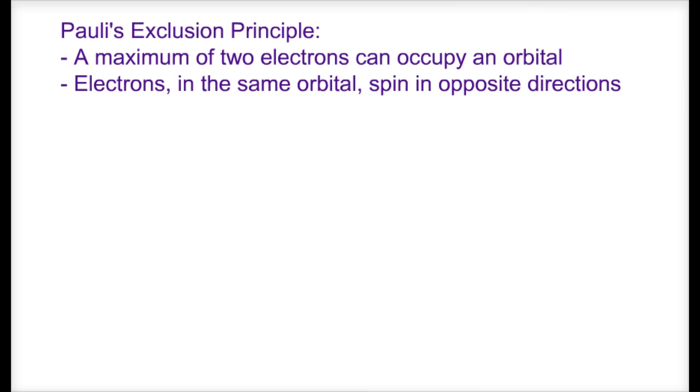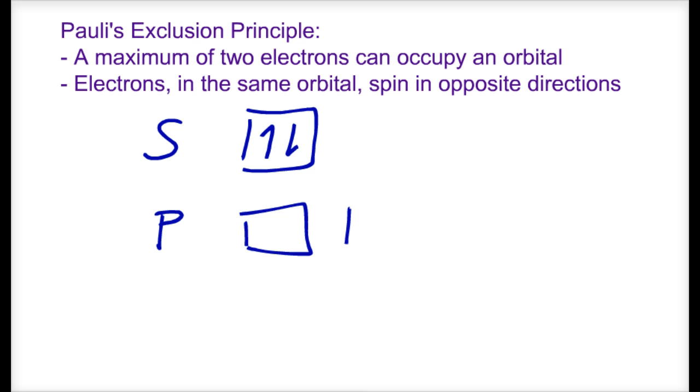Pauli's exclusion principle tells us that a maximum of 2 electrons can occupy an orbital. So, for instance, in an s orbital, of which there's only 1 in a given level, I can only have 2 electrons. Each one of those arrows equals an electron. In p's, which we've already discussed earlier, there are 3 orbitals to a specific p sublevel.